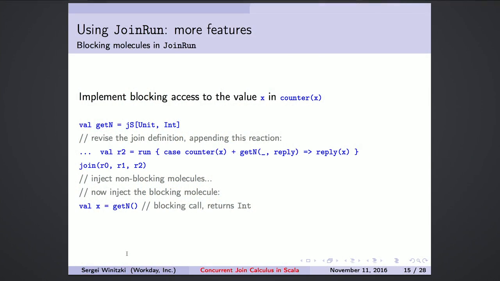So here's how you would implement the blocking molecule in the join run library. You would, first of all, define it like this with two types. This is the type that the molecule carries, and that is the type which it will reply back. Then you add a reaction. For example, counter with value x and get n with a reply injects reply of x, and it swallows counter, let's say.